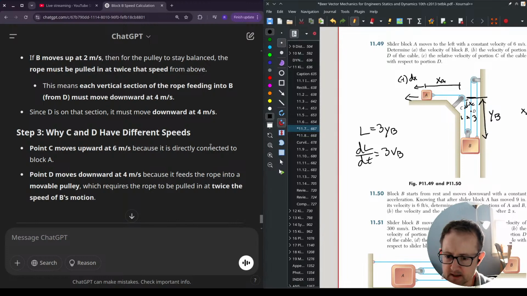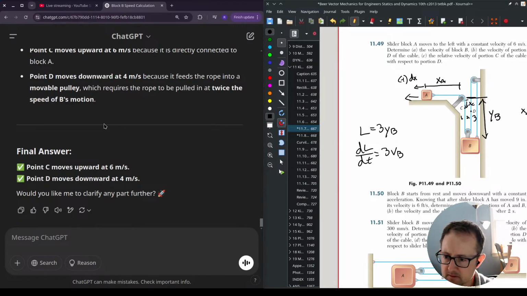Moves upward at 6 because it's directly connected to A. Yep. Point D moves down at 4 because, or sorry, B is moving up. Move twice the speed of B's motion. Okay. Because there's a pulley there, maybe? So then why not 3? A third? Or 3 times that motion? Because this one doesn't move.